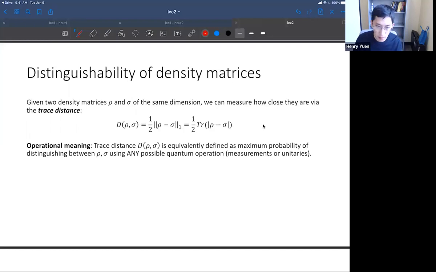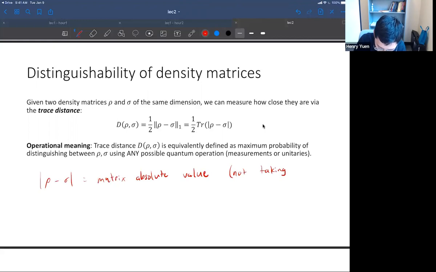But okay, what about the mathematical definition? It's defined as the trace of the absolute value of rho minus sigma. And this is the matrix absolute value. That's not the same as taking the absolute value of every single entry. Right, it's not the same as that.